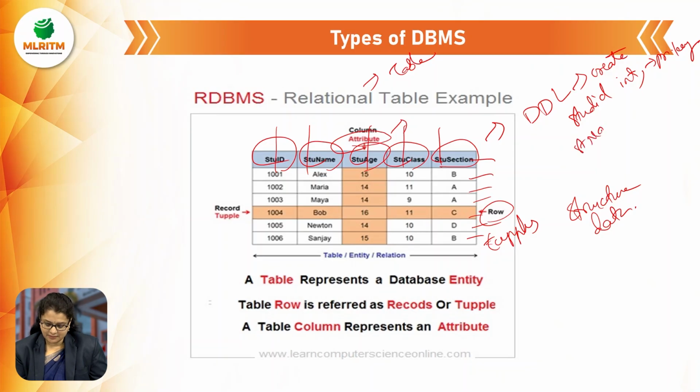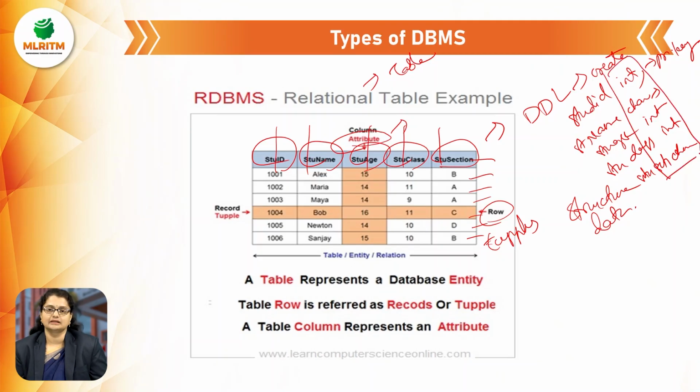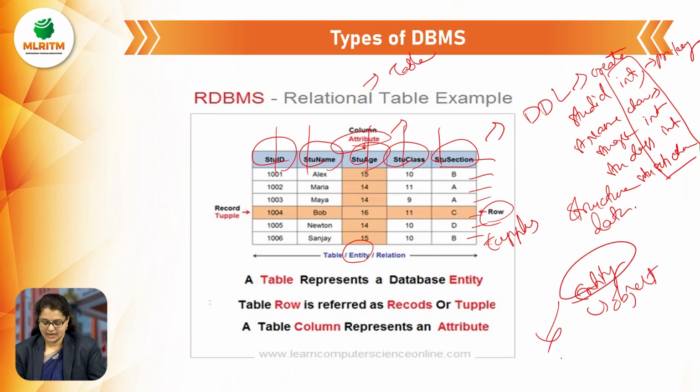The student name is a character type, the student age is an integer, the student class is also an integer, and the student section is a character. So these are the instructions when we are creating the table. We can also call it an entity. An entity is nothing but a real-world object, and this particular entity contains certain attributes.